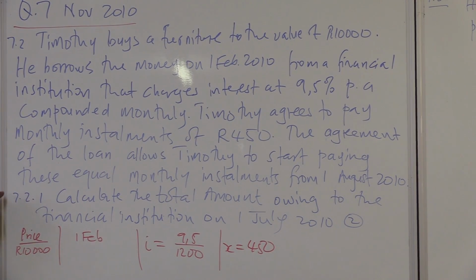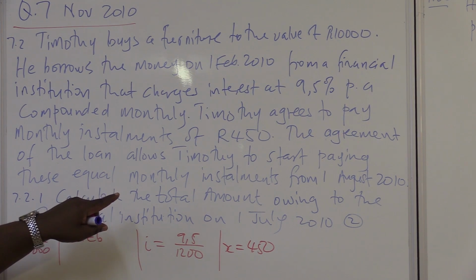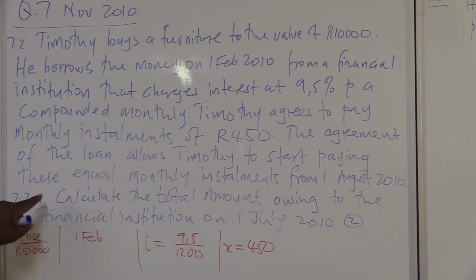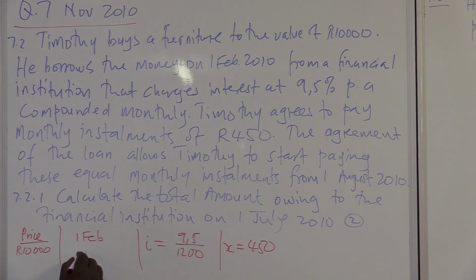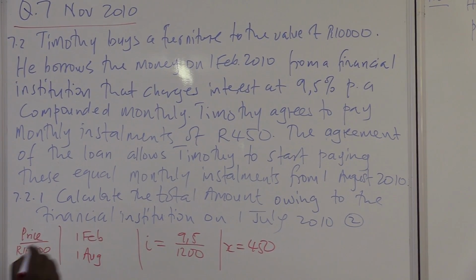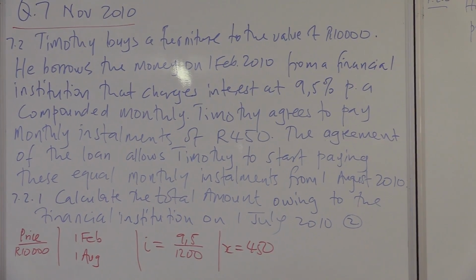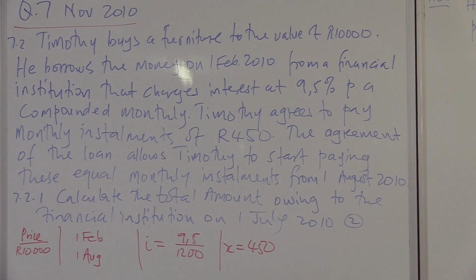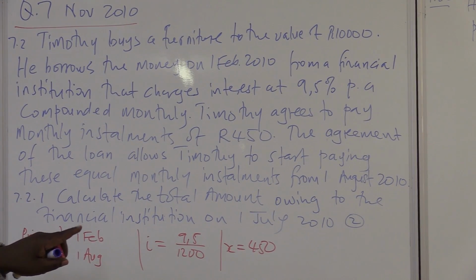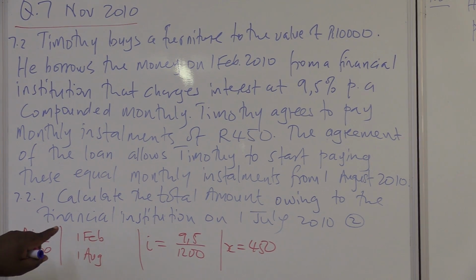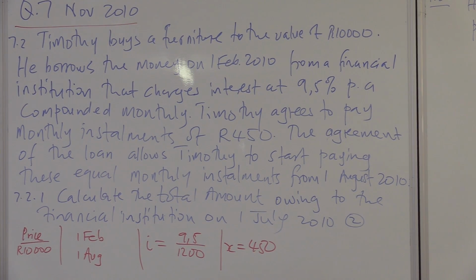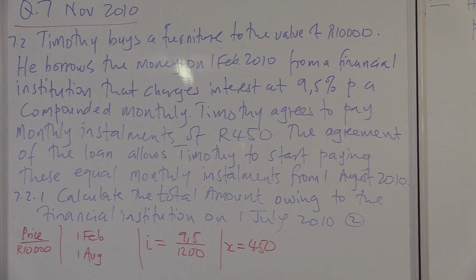The agreement of the loan allows Timothy to start paying these equal monthly installments from 1 August. There's another time there, 1 August. He will start to pay from 1 August. Okay? The first question is, calculate the total amount owing to the financial institution on 1 July.